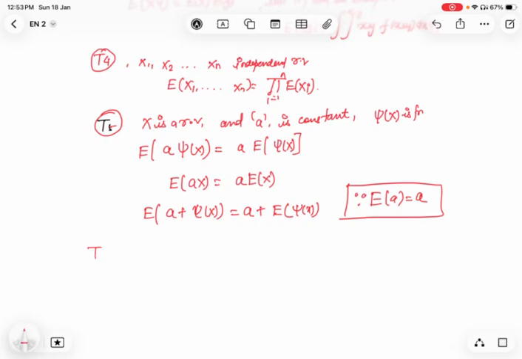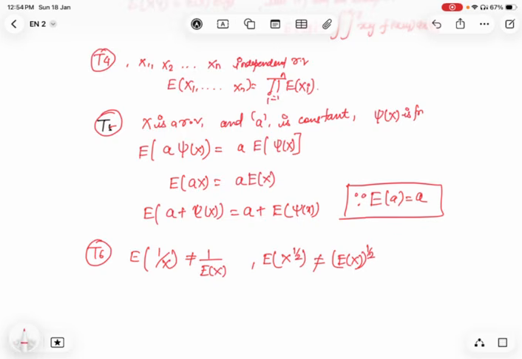One important property. The expectation of 1 by x is not equal to 1 divided by the expectation of x. Many students understand that if 1 by x is given, then we should write 1 divided by the expectation. That is not valid. Second, the expectation of x to the power 1 by 2 is not equal to the expectation of x to the power 1 by 2.